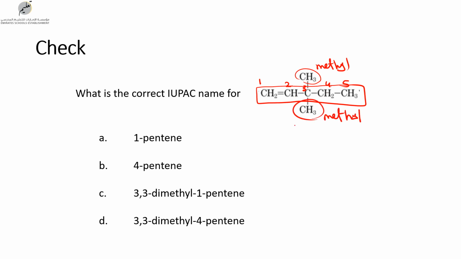What are the locations? 3, 3, dimethyl. What's the location of the double bond? It's 1, right? Because look, it belongs to this carbon. So 1. How many carbons do you have? 1, 2, 3, 4, 5. So pentene.